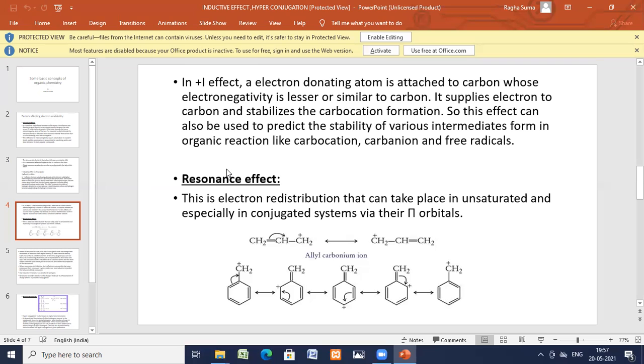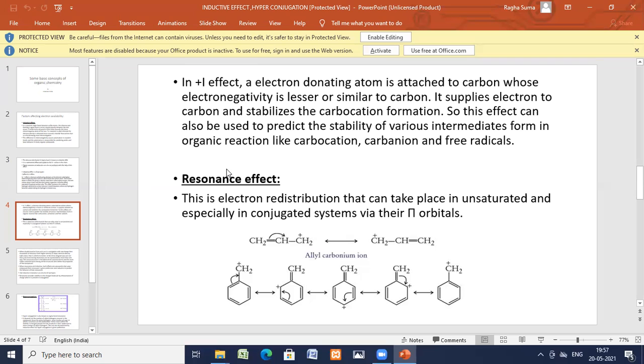The higher the bond dissociation of OH in the carboxylic acids, the greater is the acidity. Inductive effect affects the strength of the carboxylic acids. I am repeating, inductive effect affects the strength of the carboxylic acids. If plus I group, it decreases the acidity. Plus I group, what happens?